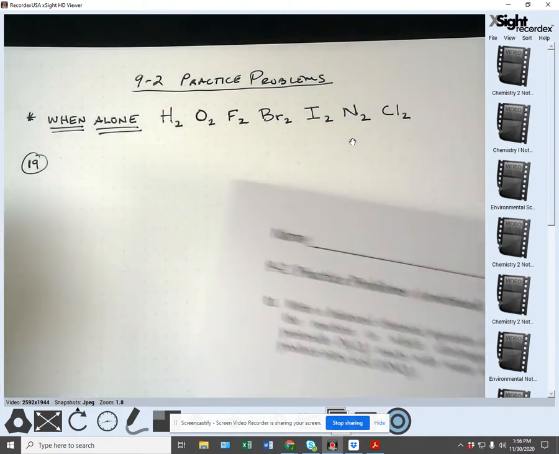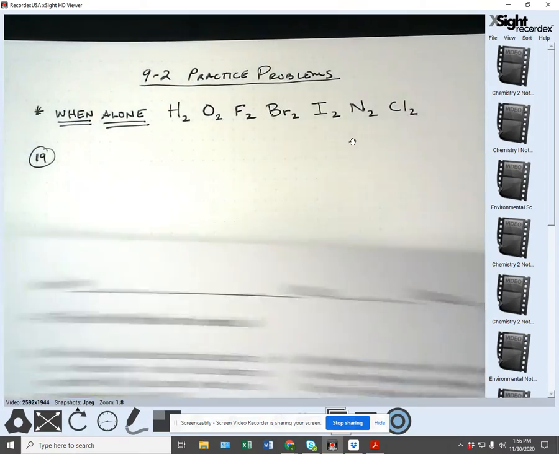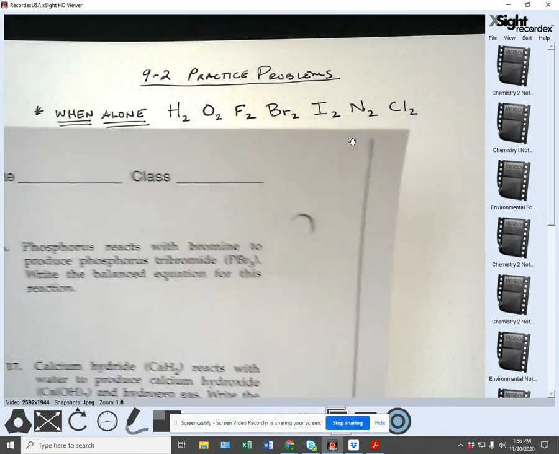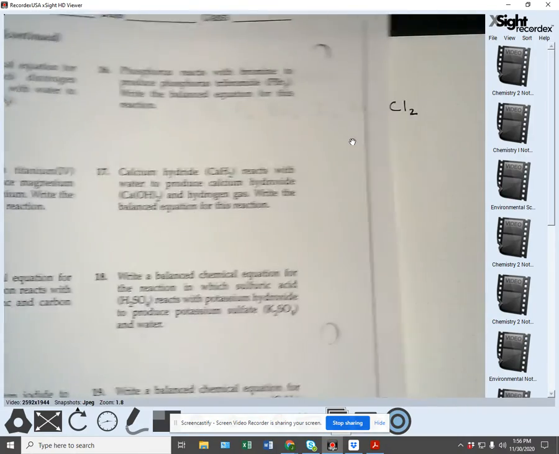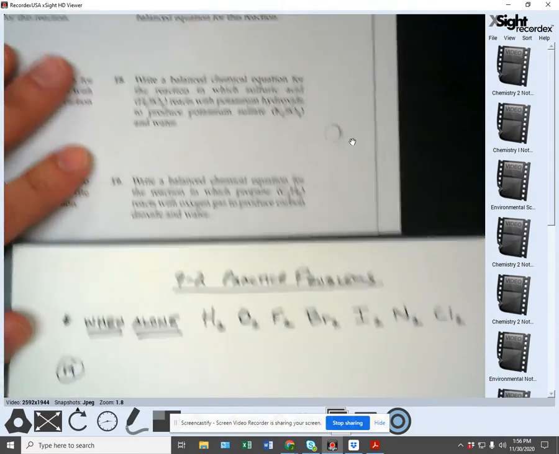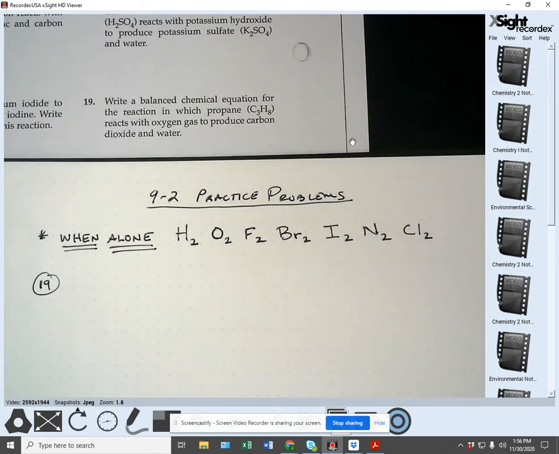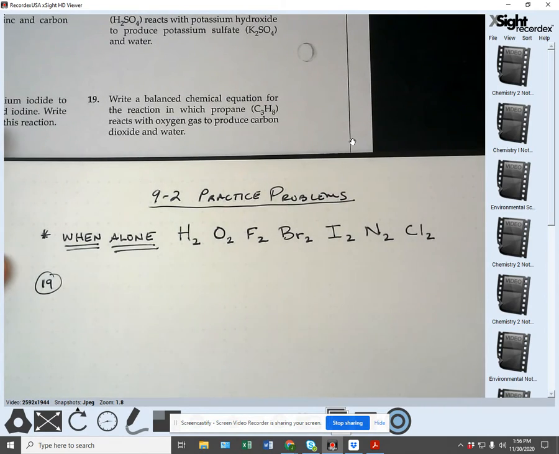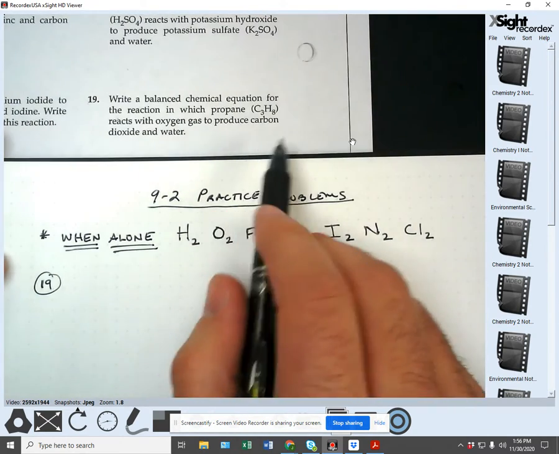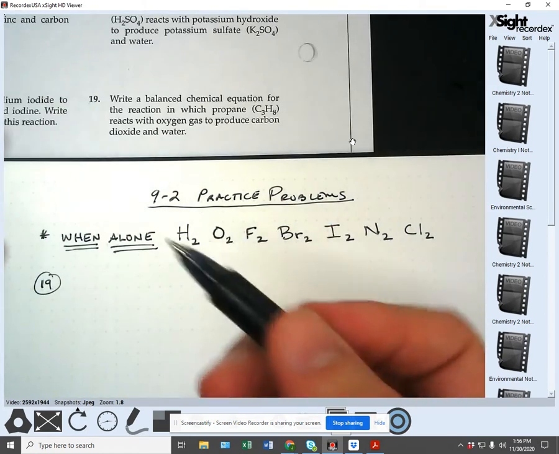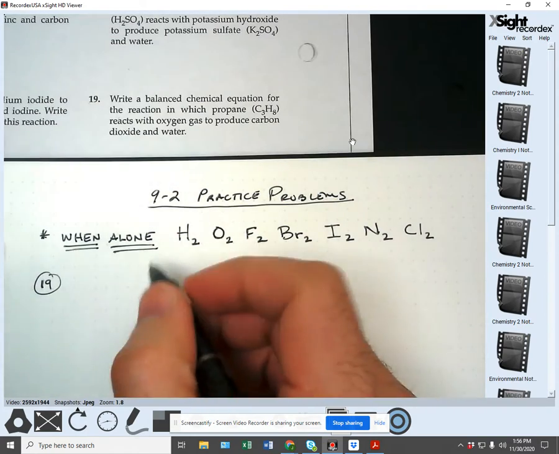So the example I'm going to do today is number 19. Write a balanced chemical equation for the reaction in which propane, C3H8, so they're already telling me what propane is.